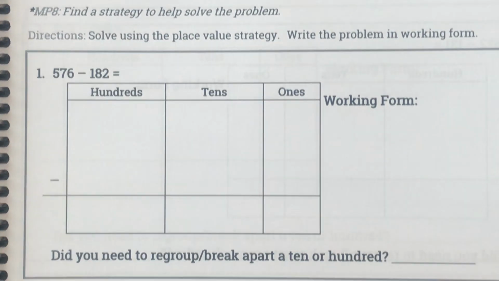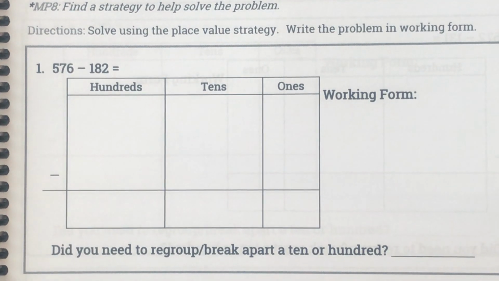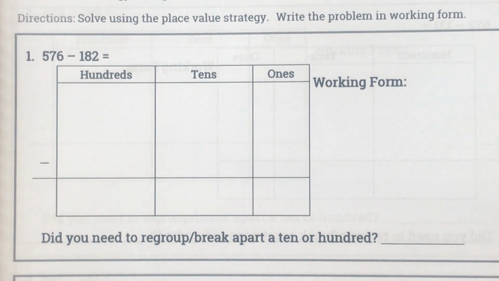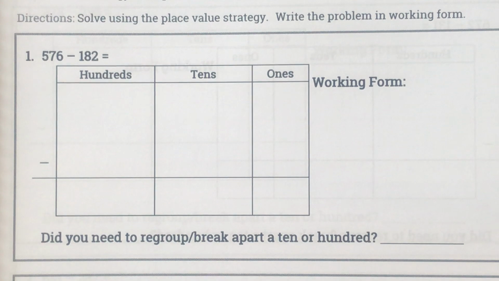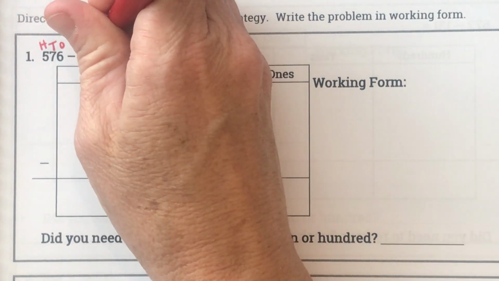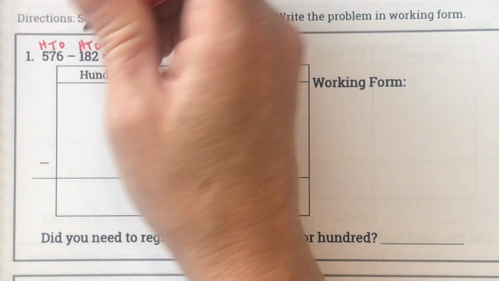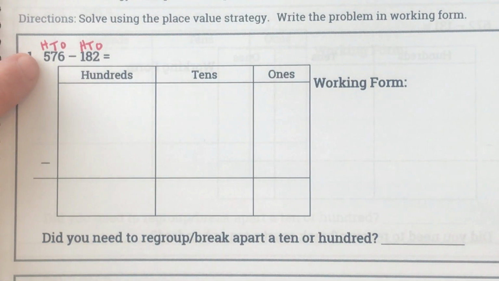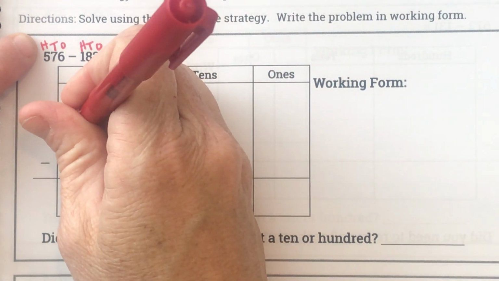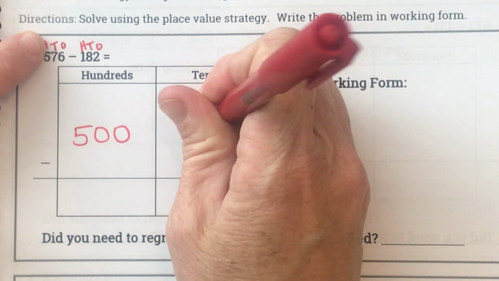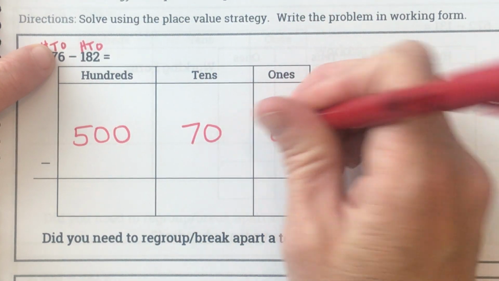My first problem says 576 subtract 182. I'm going to add my place values on top: ones, tens, hundreds. My minuend is 576, which means it's 5 hundreds, so that's 500, 7 tens is 70, and 6 ones is 6.